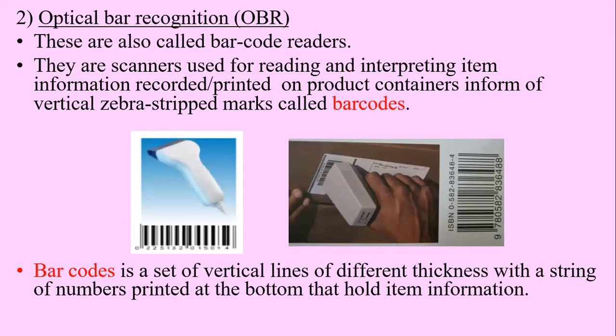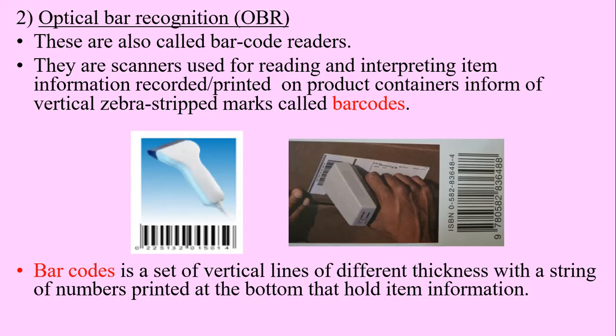What are optical bar recognition devices? OBR is also called the barcode readers. They are scanners used for reading and interpreting item information, which is recorded or printed on a product container in the form of vertical zebra-striped marks that we call the barcodes.